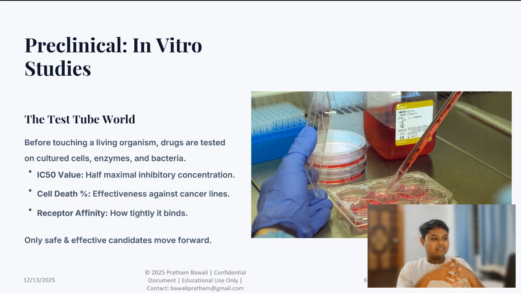Then cell death percentage, which is effectiveness against cancer cell lines. Then receptor affinity, how tightly it binds. Only safe and effective candidates move forward. Without in vitro studies, we can't even imagine how the drug will survive in more complex systems. So these are the basic terms that you should know.